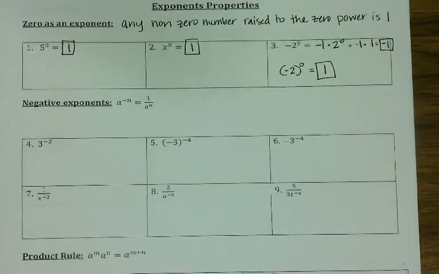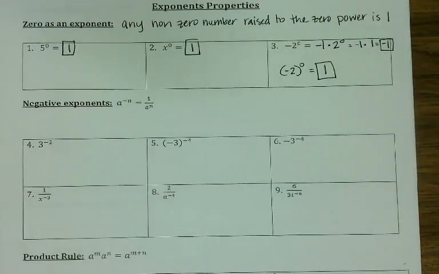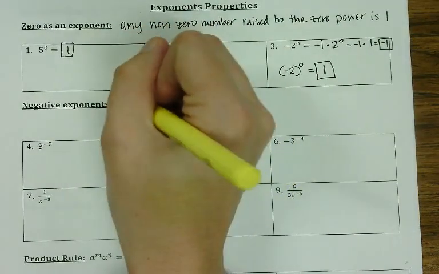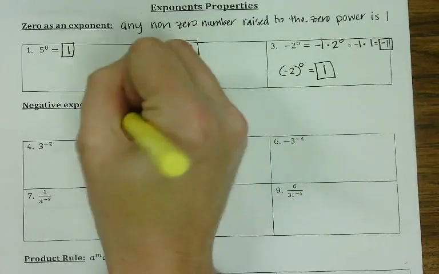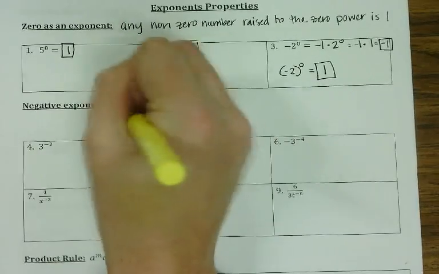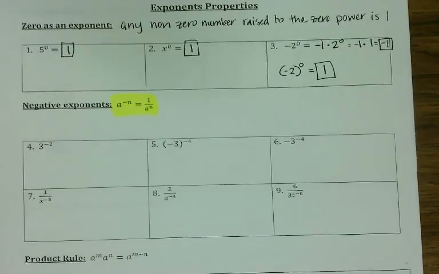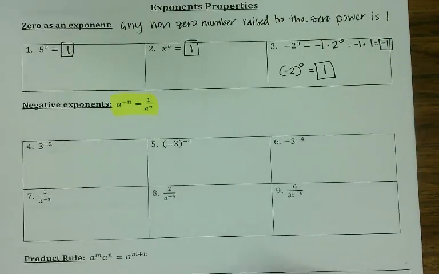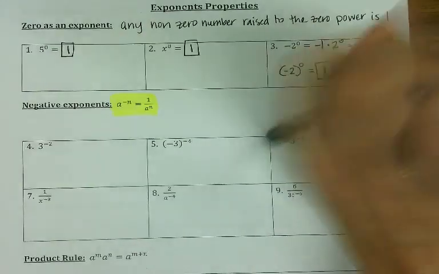So, guys, your negative exponent rule. So if you're a highlighter person, go ahead, you can highlight this rule. All right, guys? And so what this shows us is that if you have a negative exponent, we don't want to have negative exponents in our answer. So we want to change our negative exponents to be positive exponents.